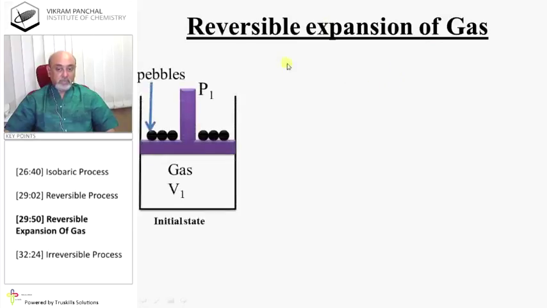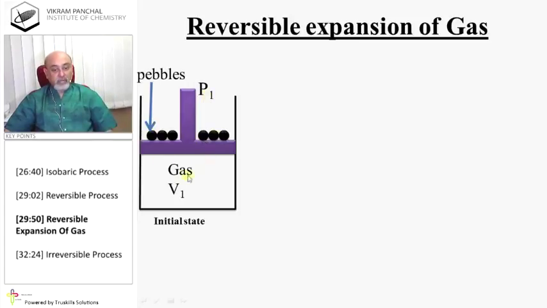The first condition is that whatever change we carry out on this system should be very small, so that we can bring it to the original state. Suppose this is the initial state, where we are keeping pebbles on the surface of the piston to produce pressure.